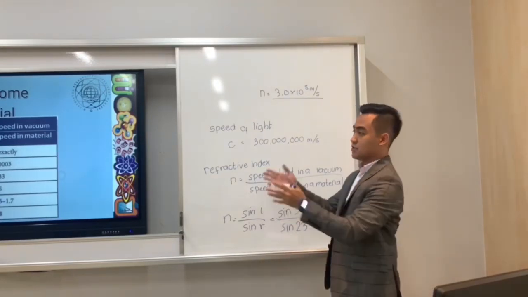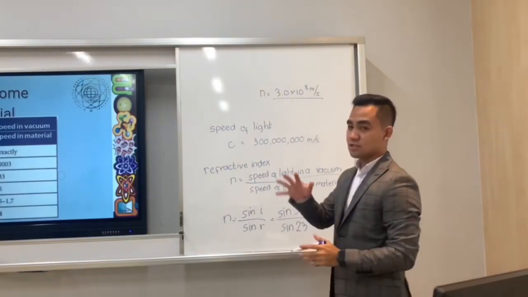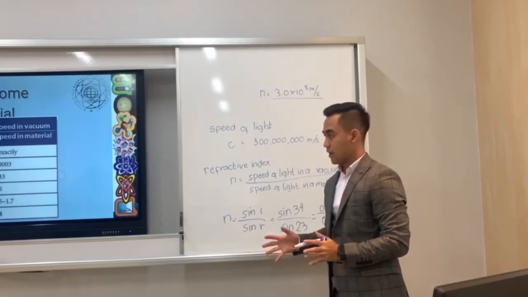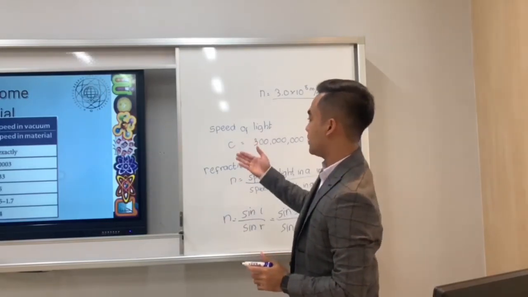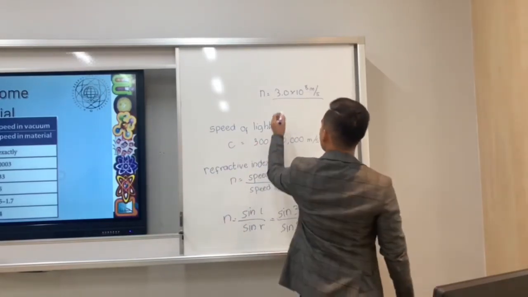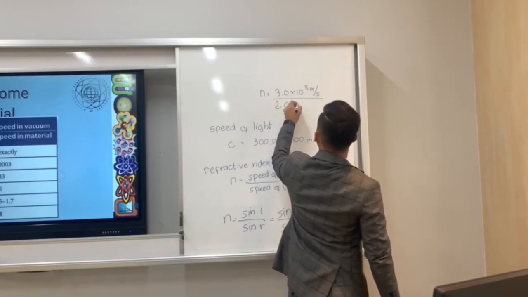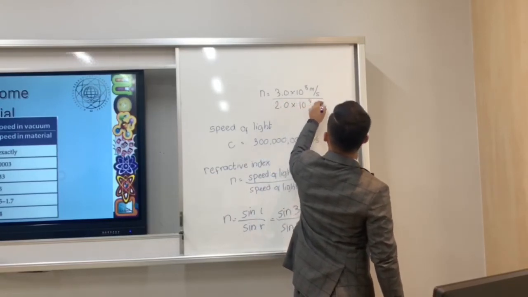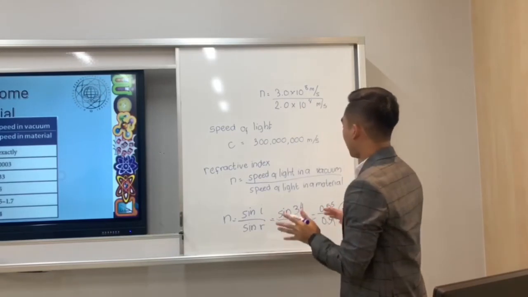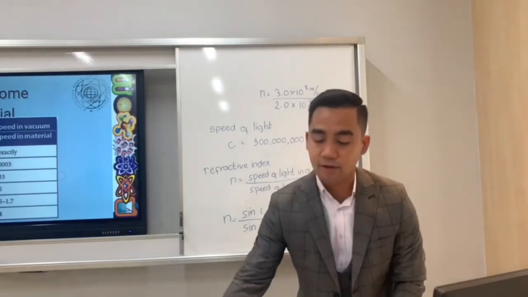I have just shown you the speed of light in some transparent material. In this case, we have 2.0 times 10 to the 8 meters per second, the speed of light in a regular perspex.